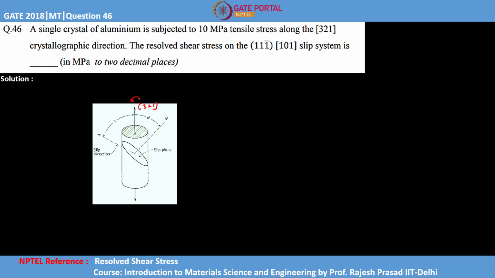The slip plane in this crystal is oriented like this, with Miller indices (1 1 1 bar), and in this slip plane the slip direction is [1 0 1]. Combining these two tells us the slip system.